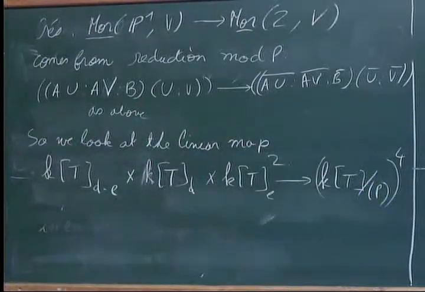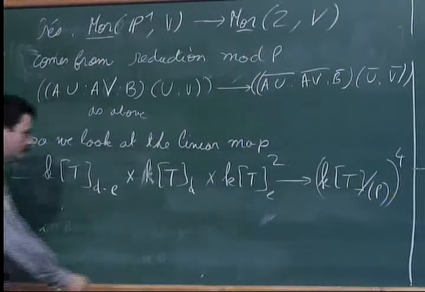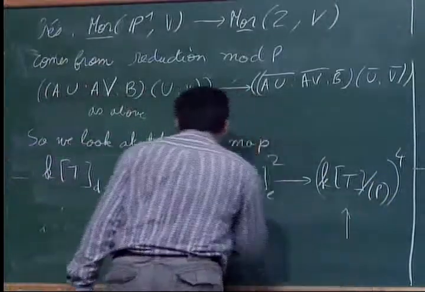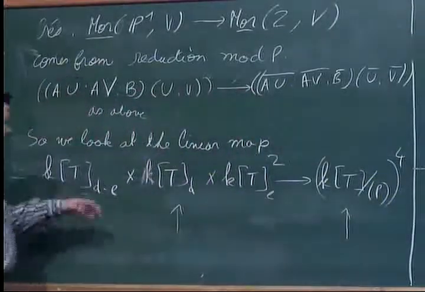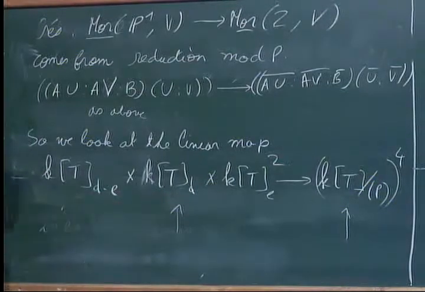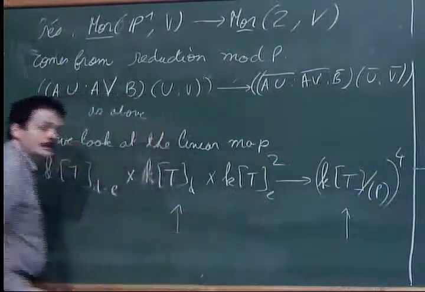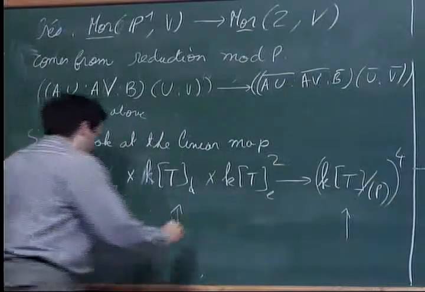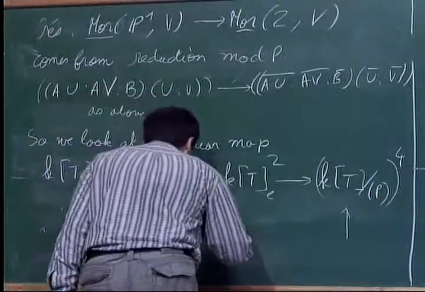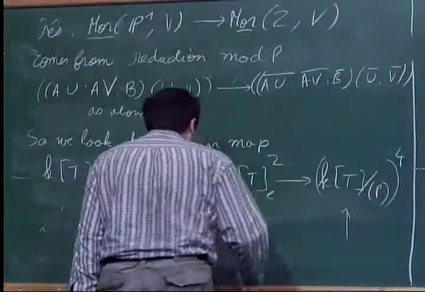And again, for the GCD condition, as I have done for the projective space, we would like to look at commutative diagrams, which are given by multiplication by a polynomial in these two terms, and by a polynomial for these two terms. So let's say multiplication by Q times multiplication by Q prime.